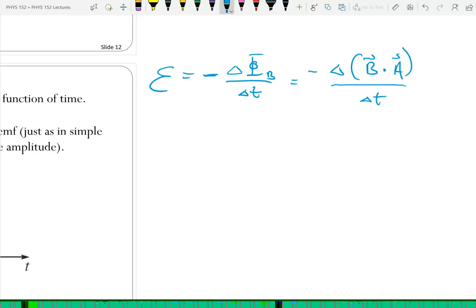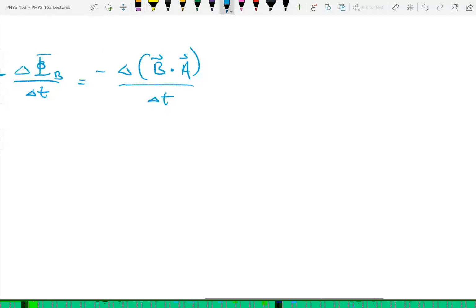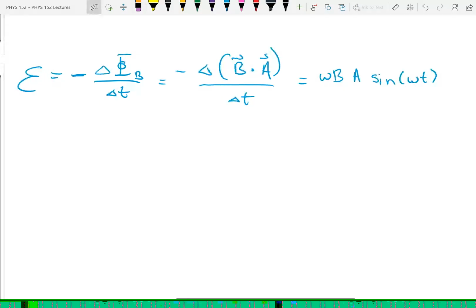And so the change in flux per change in time turns out to be BA times sine of omega t times omega. It's a calculus step to go from this equation to this equation. So that's kind of abbreviated.